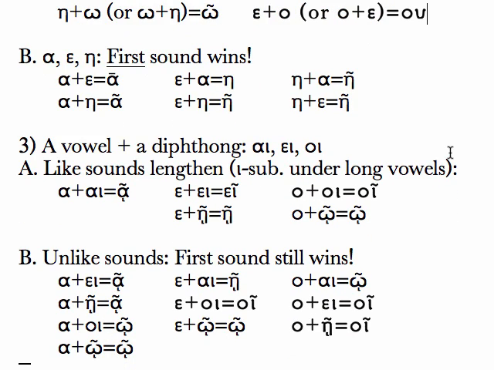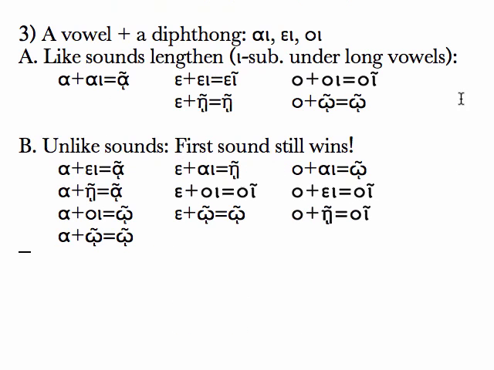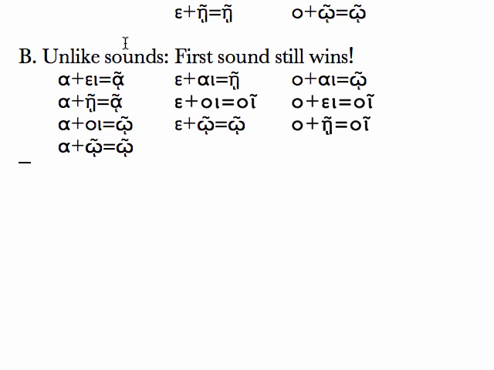If you have unlike sounds, it's the first sound that wins, so pay attention to the order of the combination. And if you're using a diphthong, and the sounds are like, they simply lengthen again. Watch out for this one here. And if the sounds are unlike, the first sound wins. Watch out for this one, and this one.